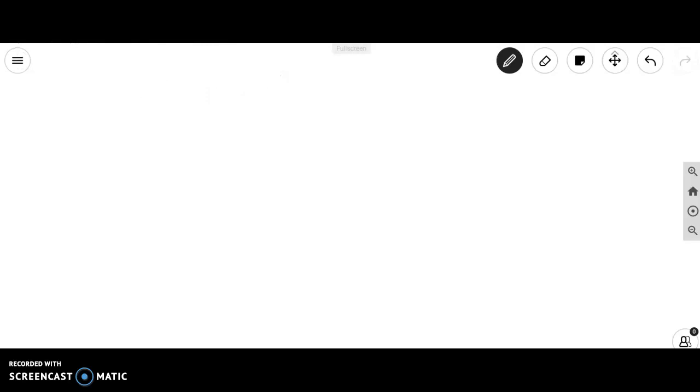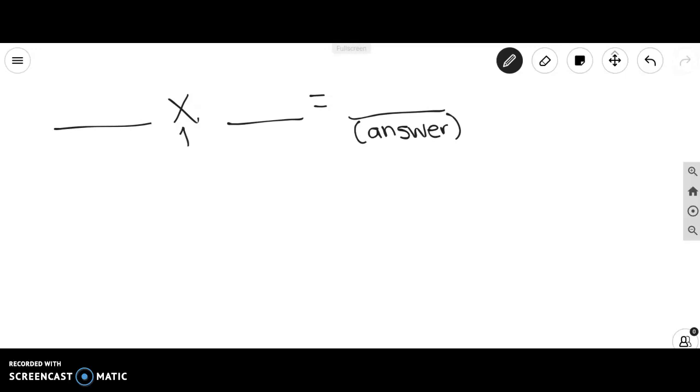When we multiply, we usually are given two numbers, a multiplication symbol, and then our product, which is our answer. So I'm going to label this answer. Then we know that the x, or the multiplication, is groups of.